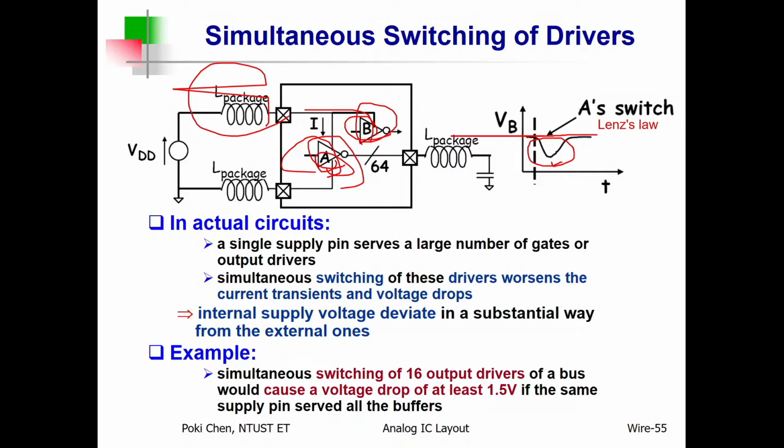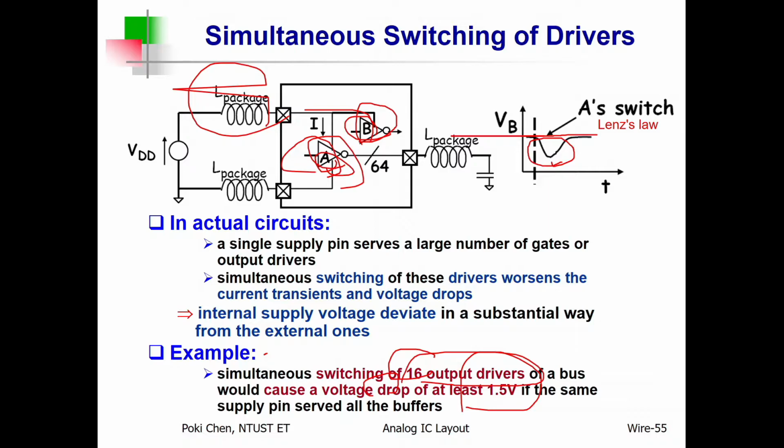For example, if you switch 16 output drivers at the same time, it can cause a huge voltage drop as large as 1.5 volt. Nowadays, how much supply voltage do you have for such advanced chips? Usually, for the core voltage, only 1 volt or even less.